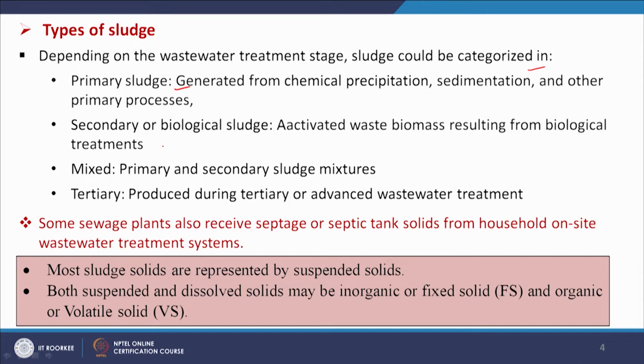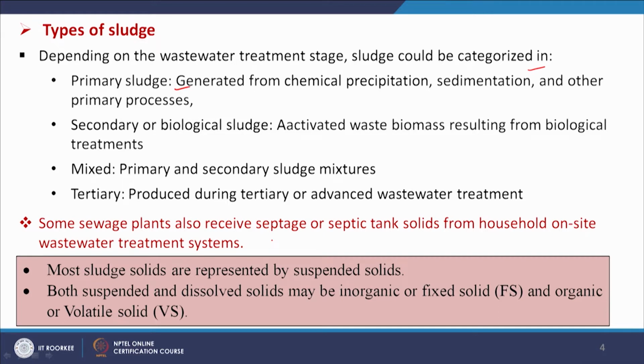If we mix primary and secondary, we classify it as mixed sludge, a mixture of primary and secondary sludge. There is also tertiary sludge, produced during tertiary or advanced wastewater treatment processes. Some sewage plants also receive septage, or septic tank solids, from household on site wastewater treatment systems. So, these are the different types of sludge which can be generated.